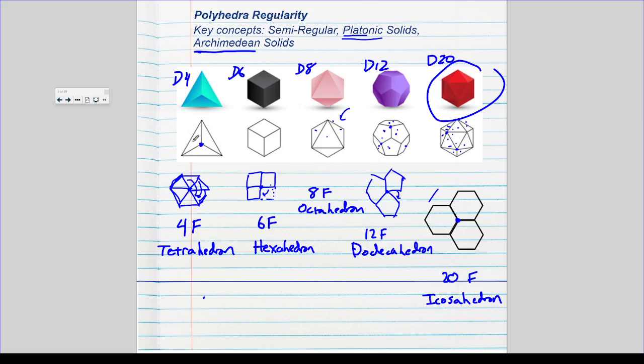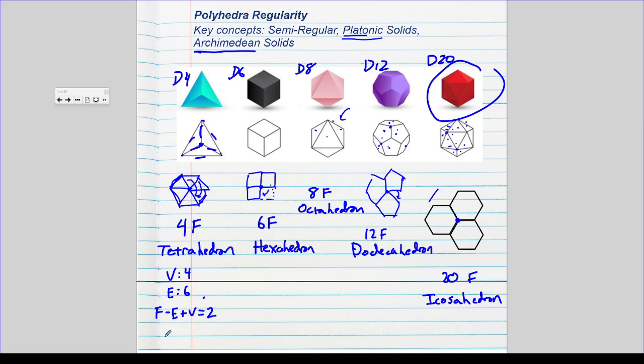So let's look at that in the context of a couple of these regular ones, but it applies to every polyhedron, whether it's regular, semi-regular, or not. So we have our vertices. We had 4 faces here. Vertices, we have 1, 2, 3, 4. And edges, we have 1, 2, 3, 4, 5, 6 edges. So the formula says F minus E plus V equals 2.